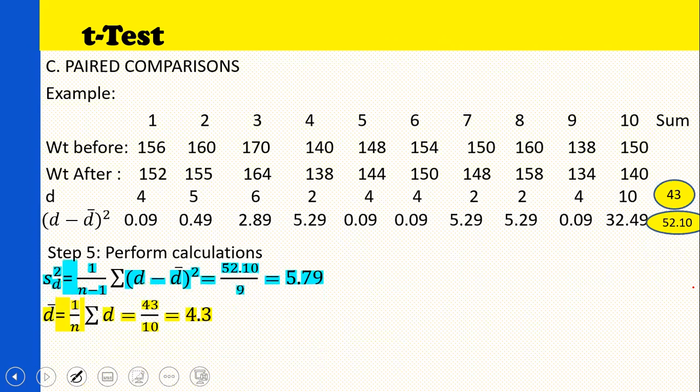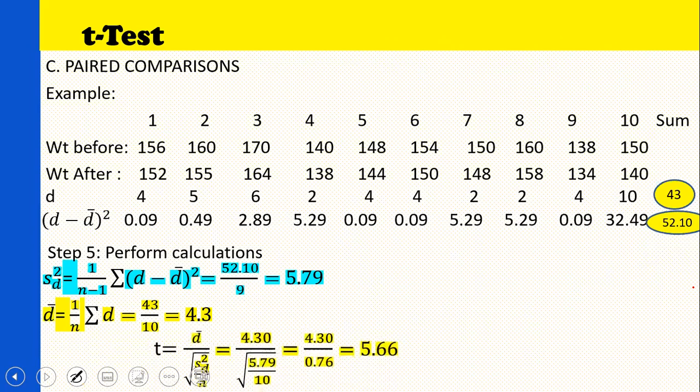We're going to compute s, the standard deviation of the differences. We have 52.10 over 9, which is equal to 5.7.